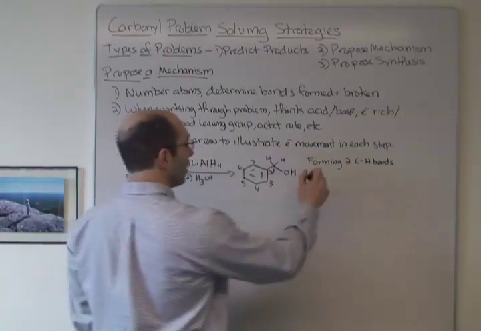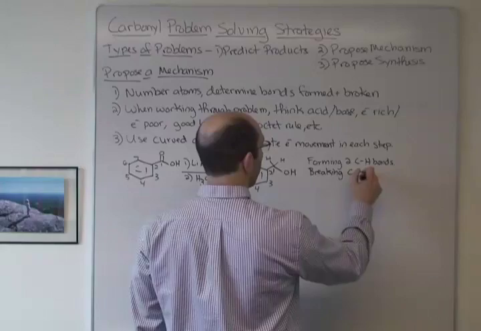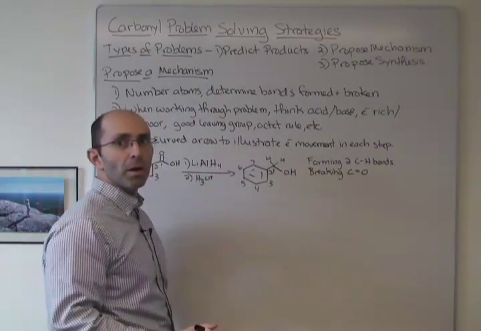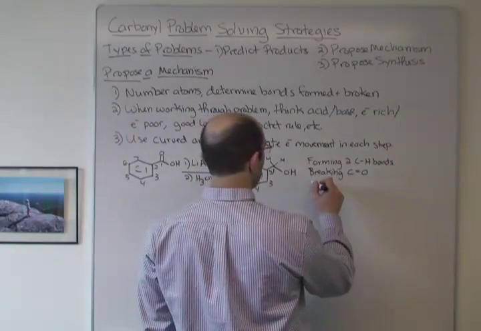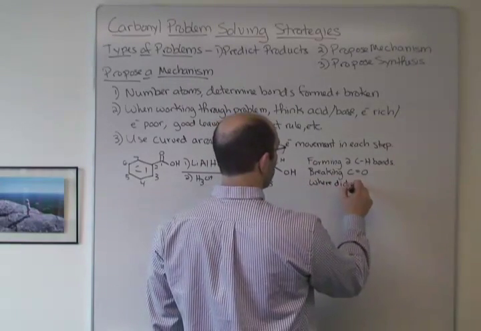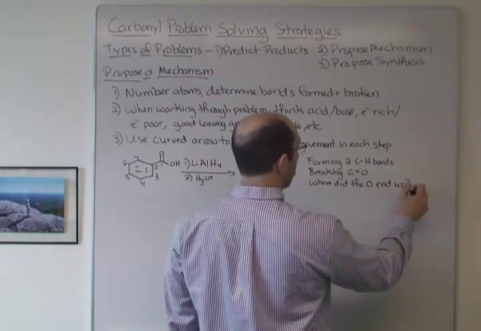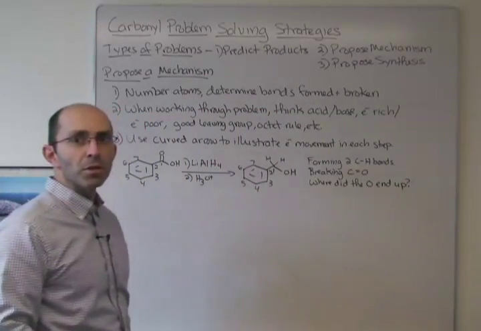And we're breaking the carbon-oxygen double bond, right? And I think it's really important for us to determine where did the oxygen end up, right? I think that's especially important.